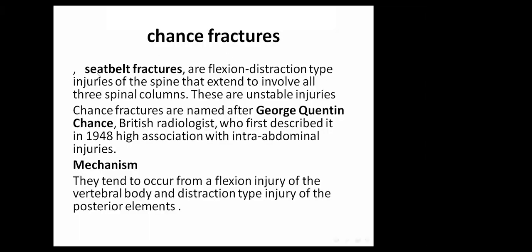Chance fractures, also called seatbelt fractures, are flexion distraction type injuries of the spine that extend to involve all three spinal columns. These are unstable injuries. Chance fractures are named after George Quentin Chance, a British radiologist who first described them, associated with an intra-abdominal injury mechanism. They tend to occur from flexion injury of the vertebral body and distraction type injury of the posterior elements.